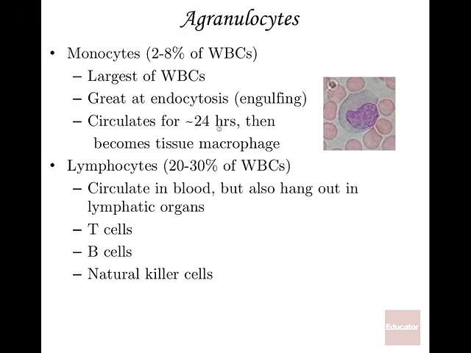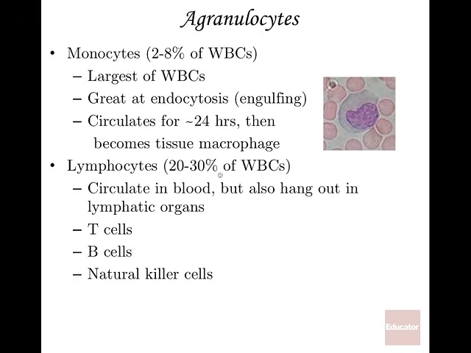They tend to circulate in the bloodstream for about a day, and then they end up in a tissue outside of the bloodstream as a macrophage. A macrophage means giant eater. Like I said, they are quite large, and macrophages, you'll find roaming around in tissues, eating up stuff that shouldn't be there.